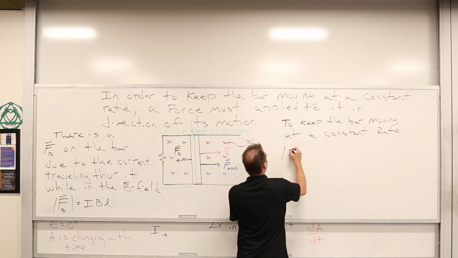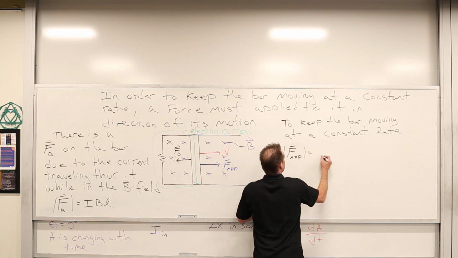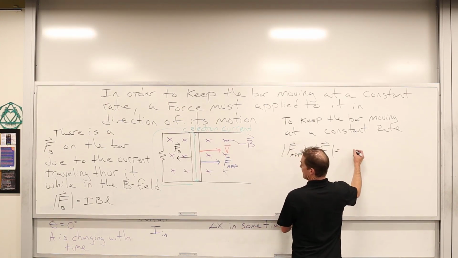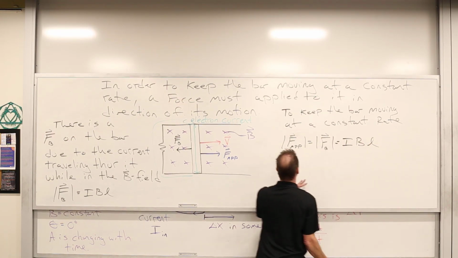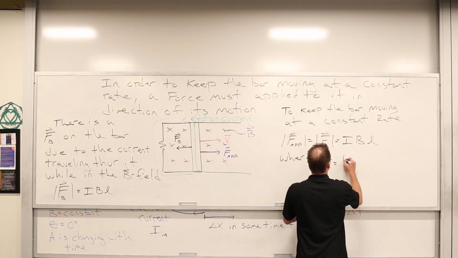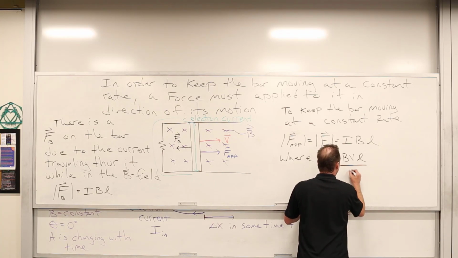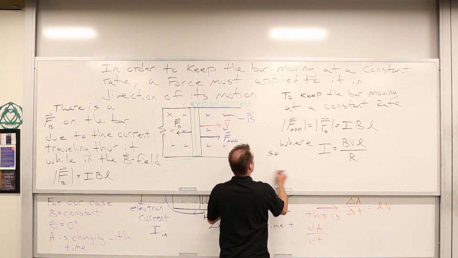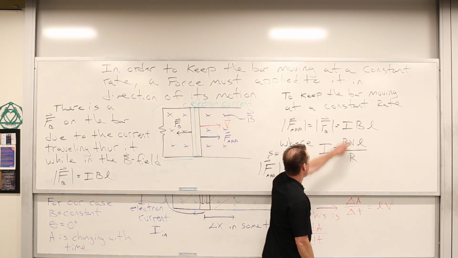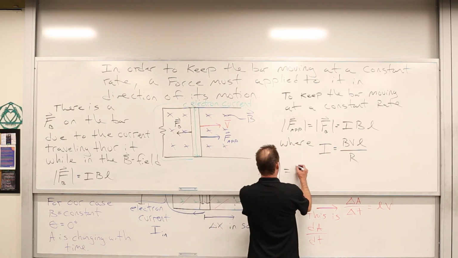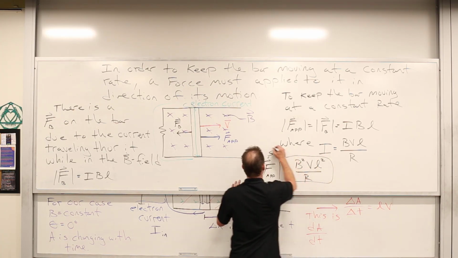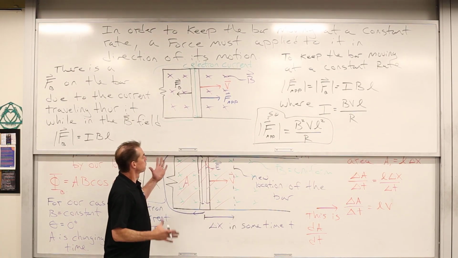We must have that the magnitude of the applied force is equal to the magnitude of that magnetic field force exerted on the bar, which is equal to I times B times L, where I, the current, is B times V times L divided by R. So the magnitude of the applied force must be equal to, we'll stick this I in there, B squared V L squared divided by R. Lots of stuff going on.